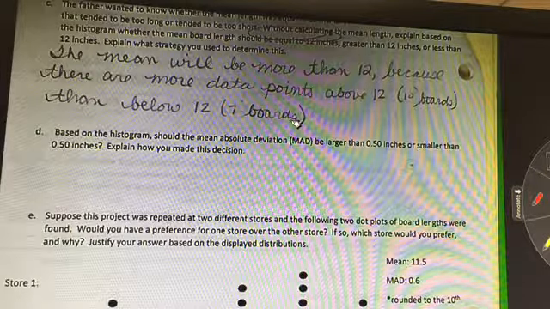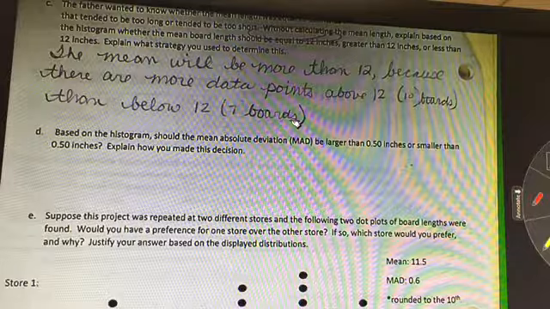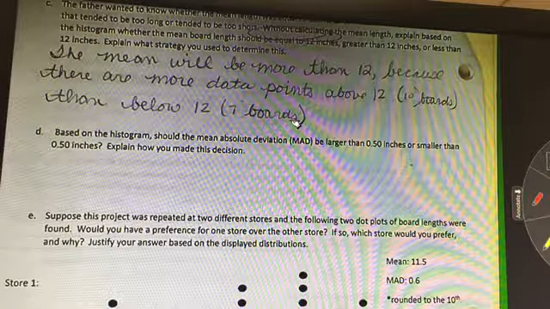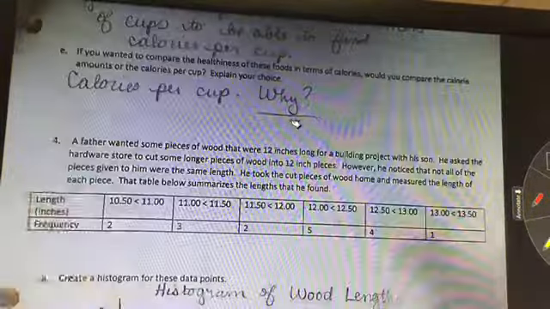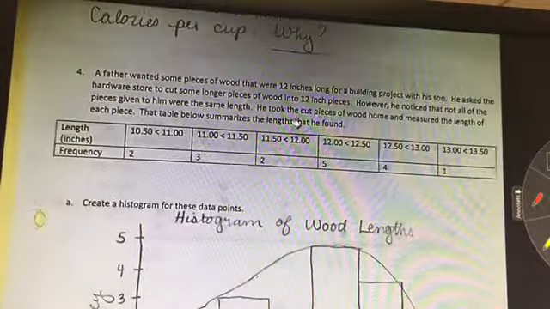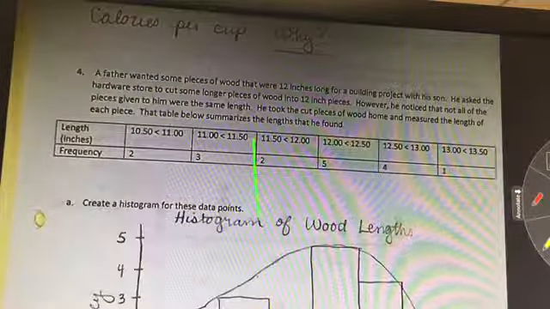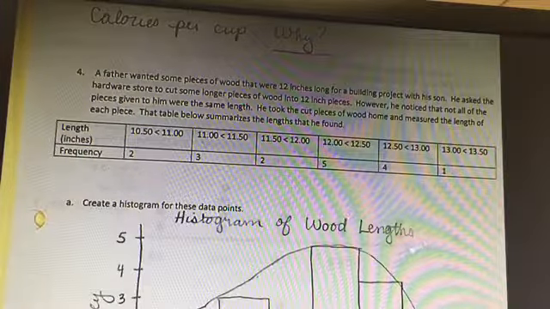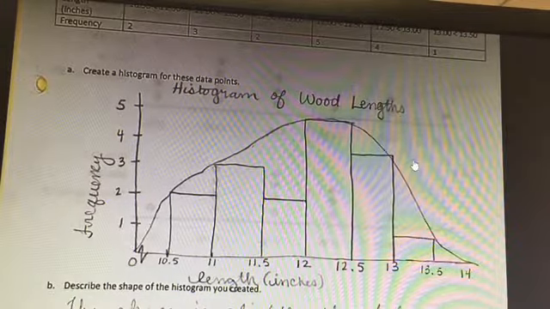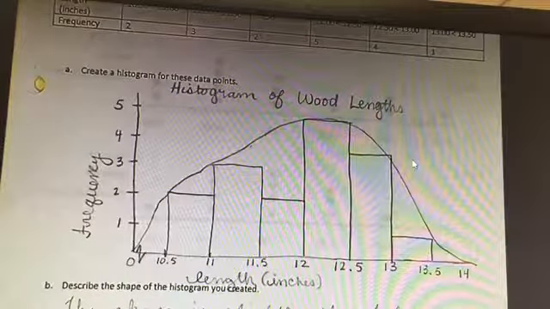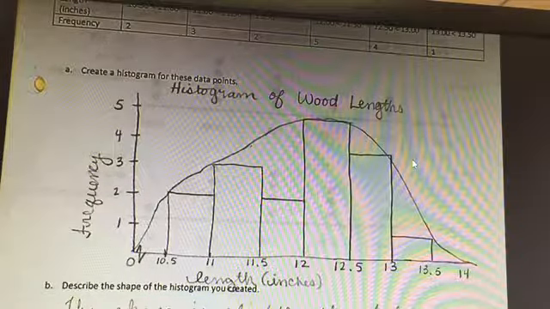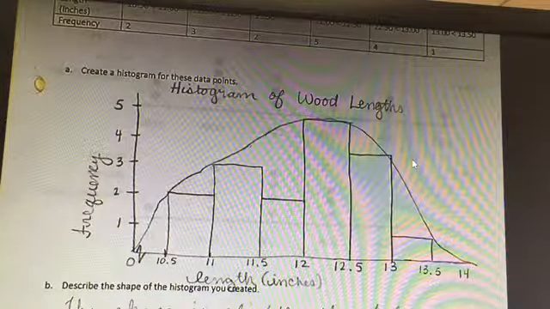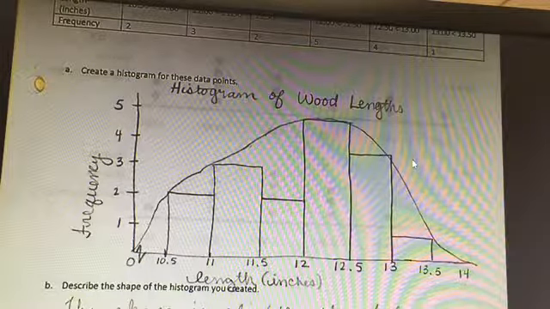Based on the histogram, should the mean absolute deviation be larger than 5/10 inches or smaller than 5/10 inches? Okay, so now we're looking at the mean absolute deviation. We want to know if it's going to be bigger than 5/10 away from the mean or smaller than 5/10 away from the mean.